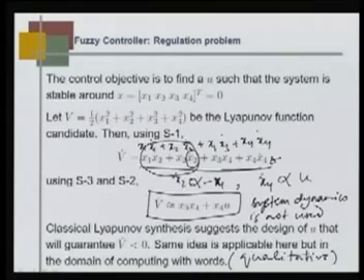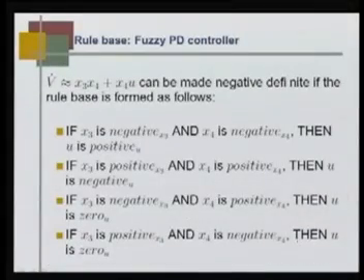So, what we are trying to do is apply the Lyapunov synthesis to partially known system dynamics for generation of the rule base. So, we derived V dot equal to approximately, qualitatively, x3 x4 plus x4 into u. This can be made negative definite if the rule base is formed as follows.